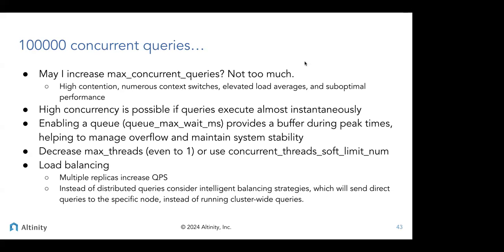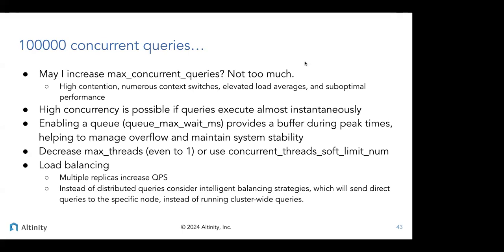And obviously, with scaling up the number of queries, the number of threads starts being crazy. So if you really have a load with small fast queries, usually you need to decrease max threads even to 1, or use another feature which is called concurrent threads soft limit. You can check that in the documentation.